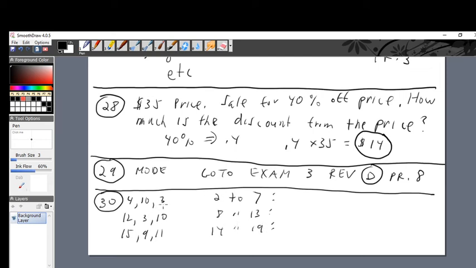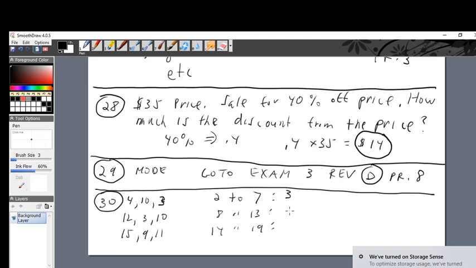Okay, 2 to 7. Well, this 3 is between 2 and 7. So is the 4. That's 2 of them. So is another 3. That's 3 of them. And that's it for between 2 and 7. Now, between 8 and 13, how many are there? You count them up.